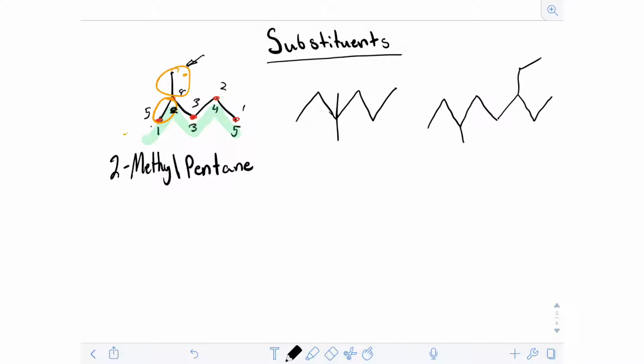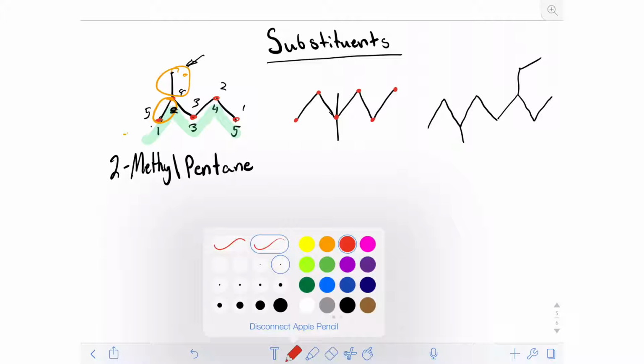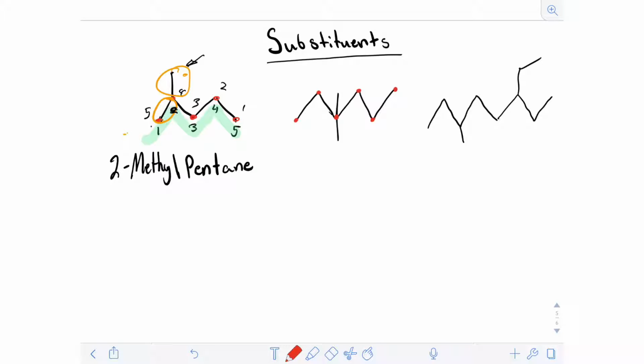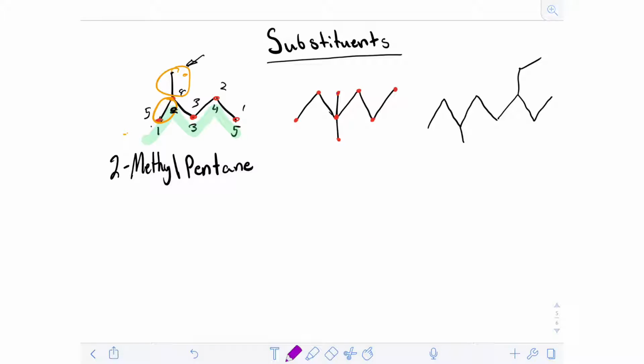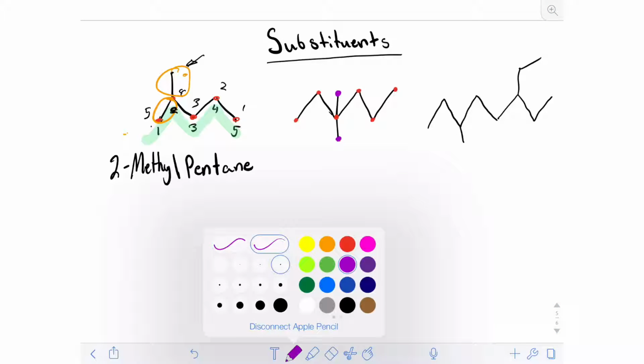Then we'll go on to the next one over here. We'll count our carbons again: 1, 2, 3, 4, 5, 6. And then we've also got some carbons up here. I'll put those in a different color since they're not a part of the parent chain.